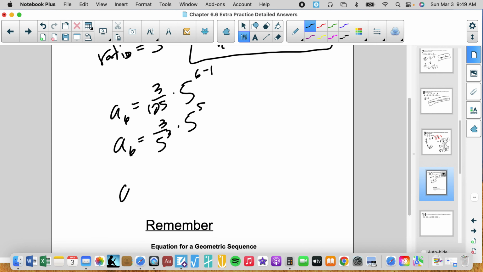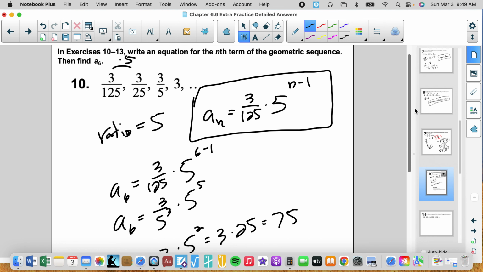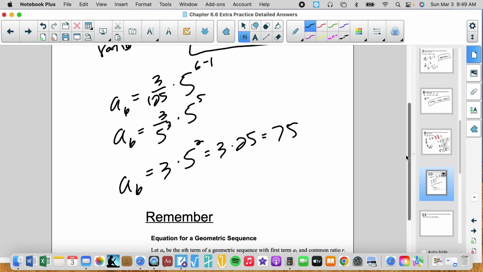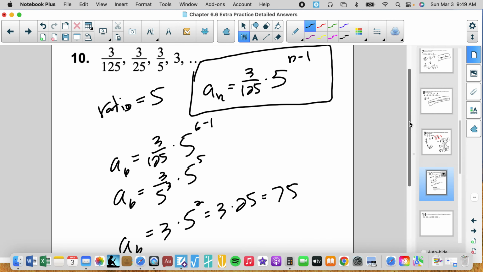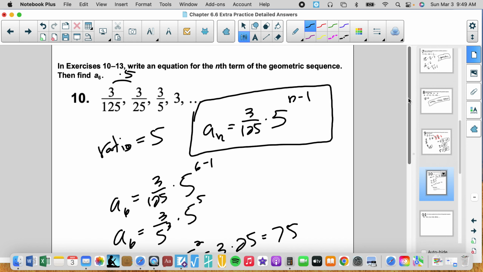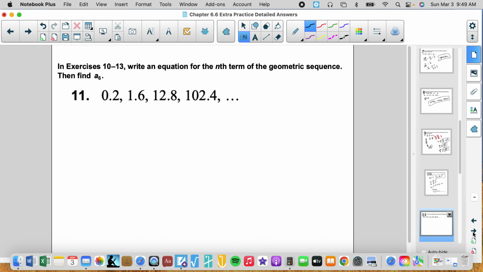So we get a sub 6 equals 3 times 5 squared, which equals 3 times 25, which equals 75. Does that make sense? Might be. I like it. I like how I wrote 125 as 5 to the third. Yes. Let's go.